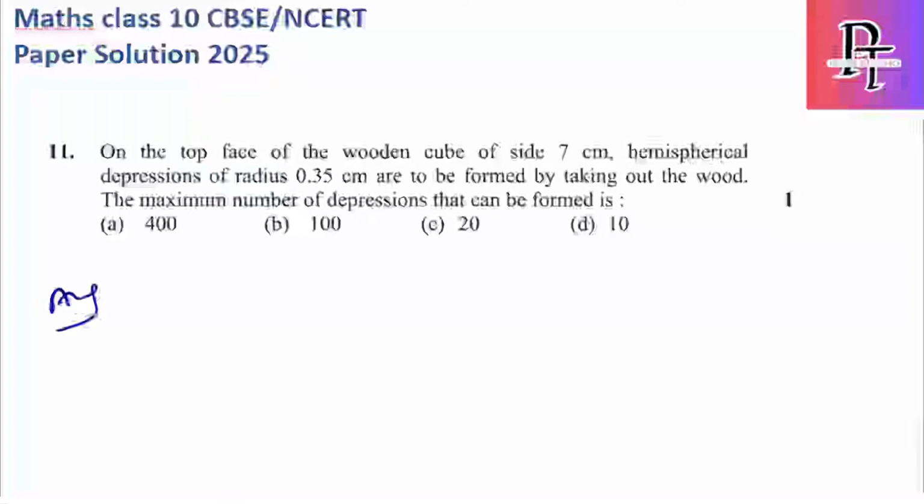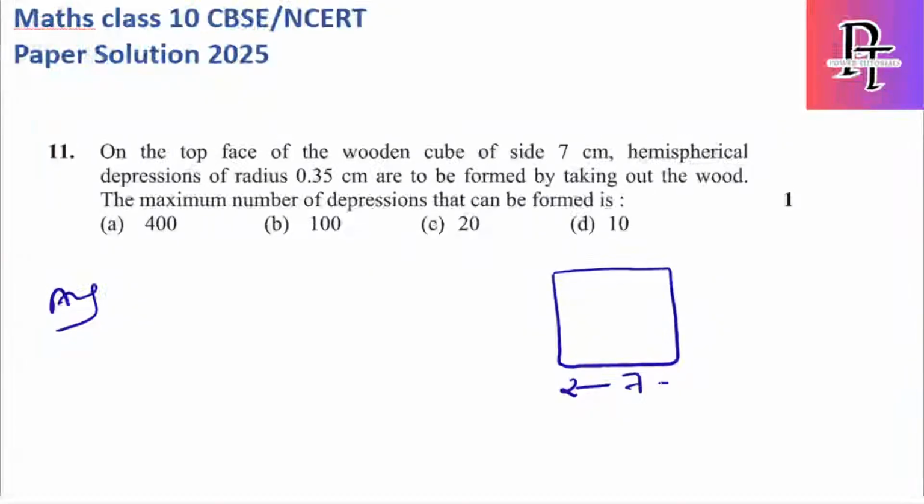On the top face of a wooden cube of side 7 centimeters, hemispherical depressions of radius 0.35 centimeters are to be made by taking out the wood. The maximum number of depressions that can be made is, okay, so consider this is the top of the cube, and they have mentioned the side as 7. What is the other thing? The hemispherical depressions of radius 0.35.